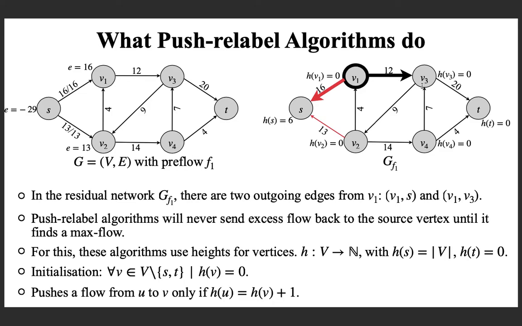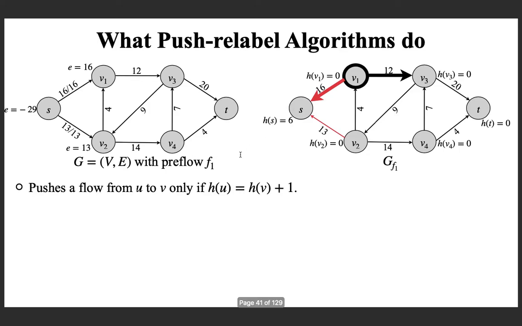And this is a constraint that you are going to impose. To push a flow from a vertex U to a vertex V, U must be at a higher height, and push-relabel algorithms demand that the height of U must be 1 more than the height of V. Now see that you will never send a flow from V1 to S, because the height of V1 is less than the height of the source, and during the processing no intermediate vertices will be allowed to get a height more than the height of the source.